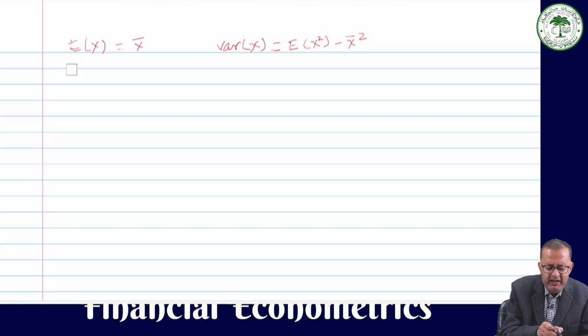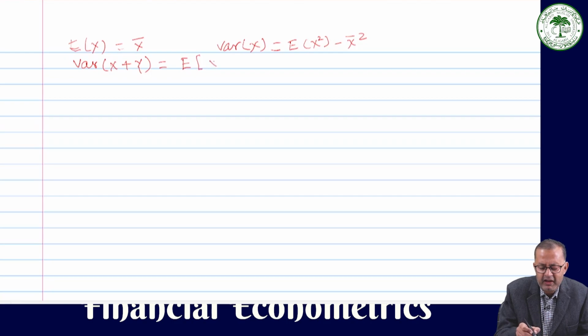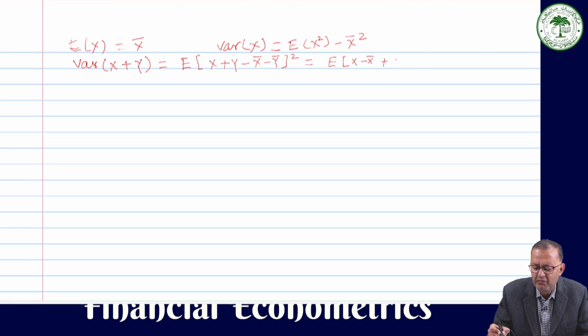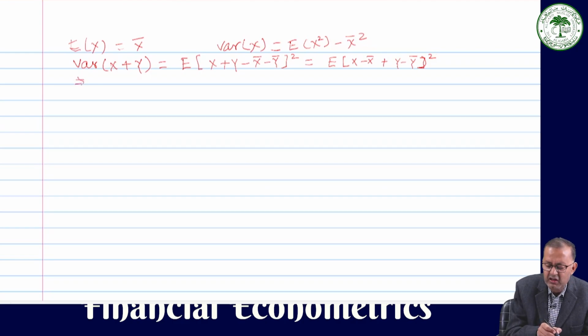the variance of x plus y, which is equal to the expected value of (x plus y minus x bar minus y bar) whole square, which is equal to the expected value of (x minus x bar plus y minus y bar) whole square.